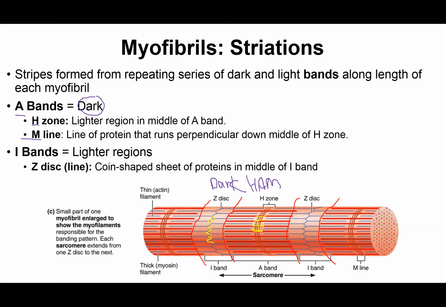You guys can see how the M line and the H zones, because of the way the M line is running through here, look like H's, and why those look like Z's. All right, so just remember dark ham, and maybe you'll remember which zone goes with which.